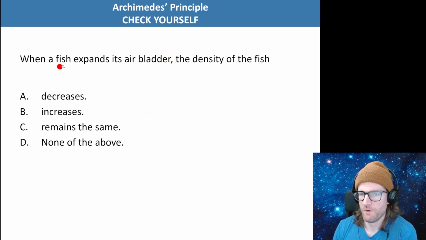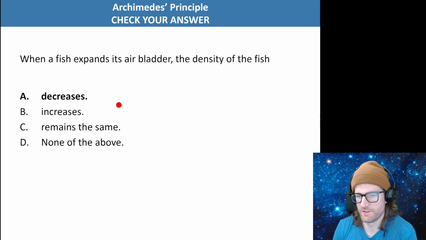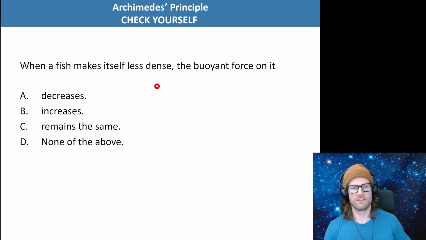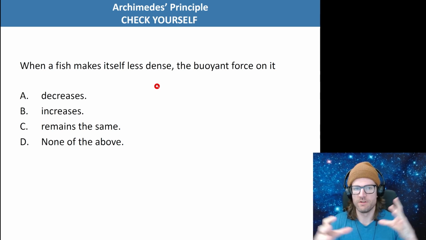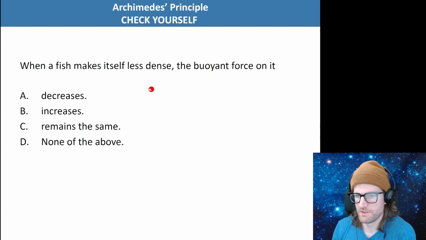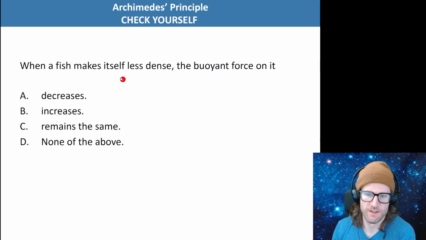When a fish expands its air bladder, the density of the fish decreases. It gets bigger, same mass, so its density decreases. When a fish makes itself less dense, what happens to the buoyant force on it? I misread that at first.